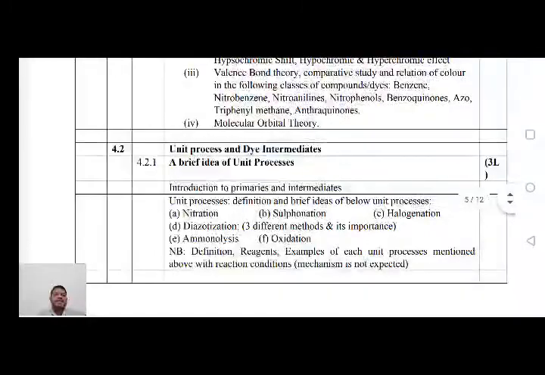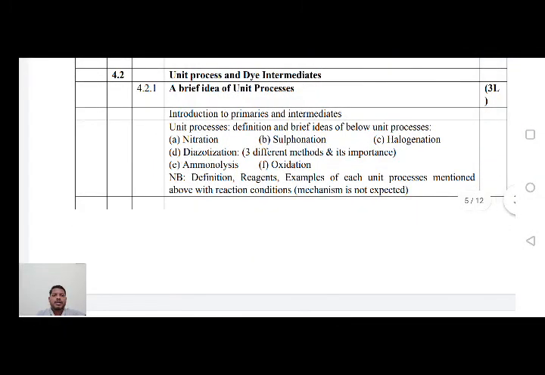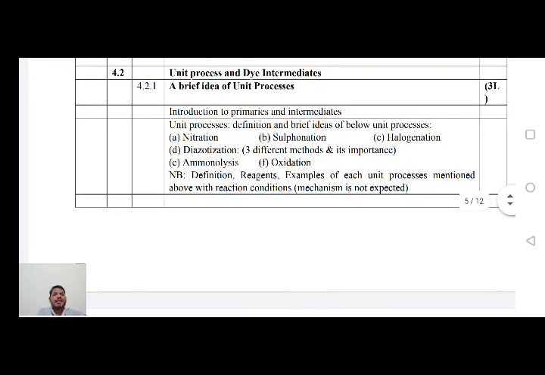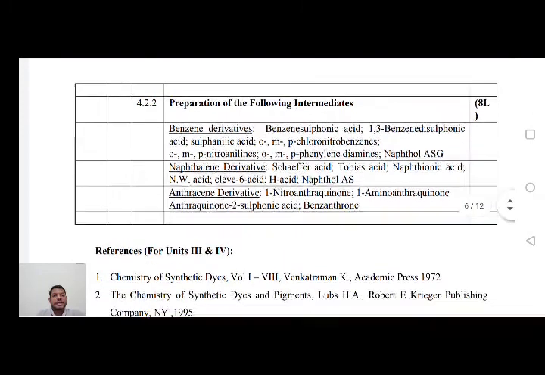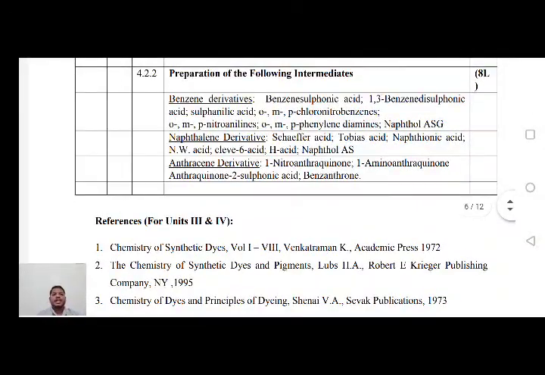In the next chapter there are some important unit processes and dye intermediates. A brief idea about unit processes, that is nitration, sulfonation, halogenation, the diazotization process, etc. Then next, preparation of intermediates, that is derivatives of benzene, derivatives of naphthalene, derivatives of anthracene, and so on.